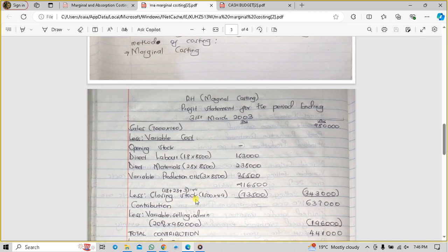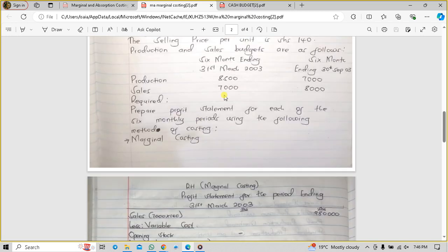Then in this case, we have a closing stock of 1500. Where are we getting 1500? If the production is 8500, so we produce 8500 products, then we sell 7000. It means that at the end of that period, we will have 1500 as our closing stock for that financial period.